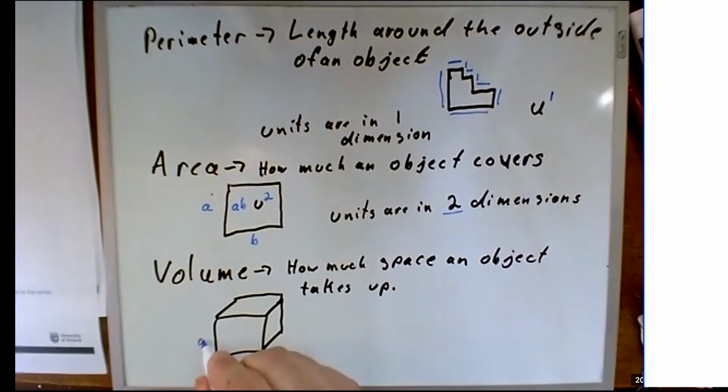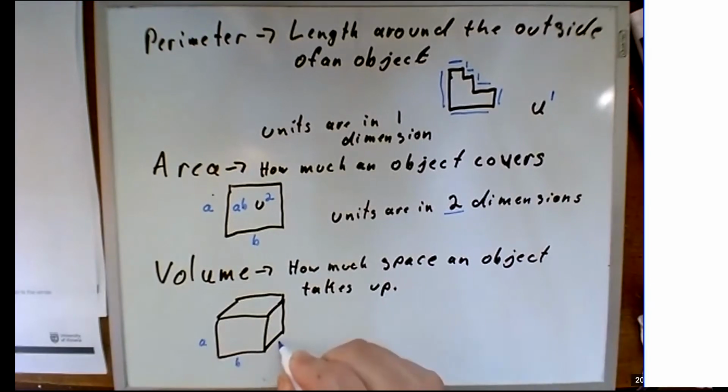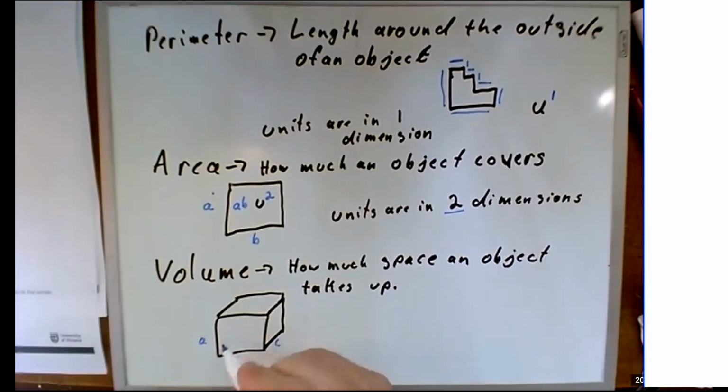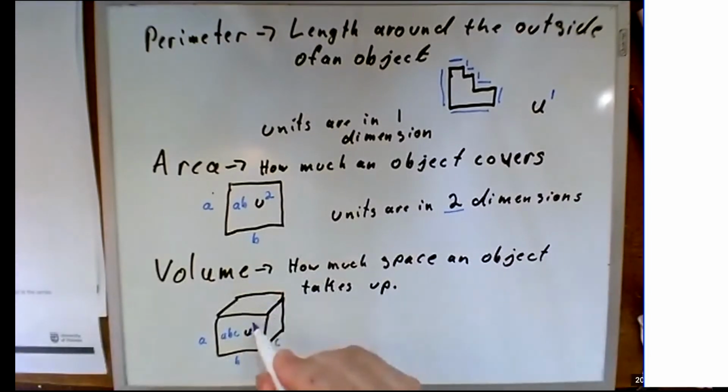So if I had A, B, and C, the volume of this object would be A, B, and C multiplied together, and our units in this case are now moving into 3 dimensions, which means that the exponent on it, the little number up top, is going to be a 3.